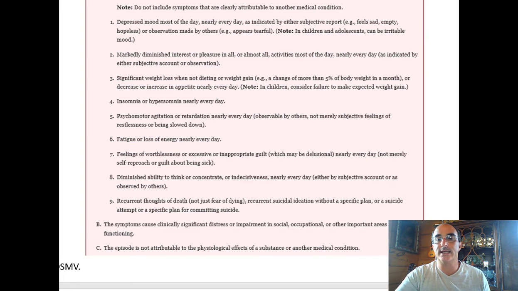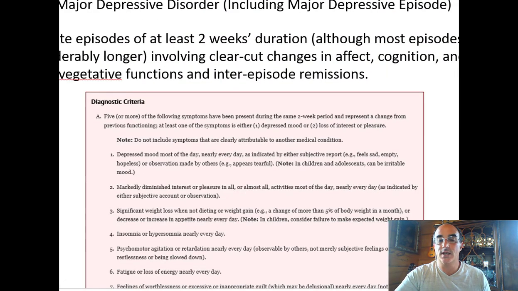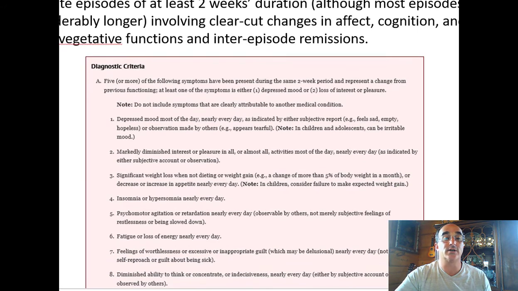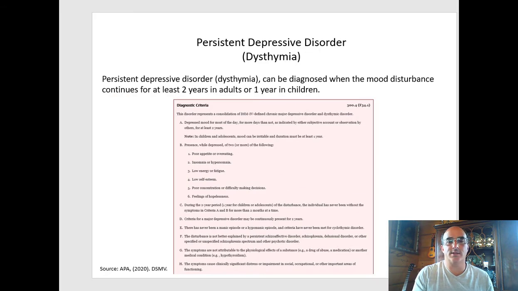So as you can see, the DSM provides very specific details of major depressive disorder and the diagnostic criteria of the disorder. Persistent depressive disorder can be diagnosed when the mood disturbance continues for at least 2 years in adults and 1 year in children, and you can see here the diagnostic criteria for that is very clear.